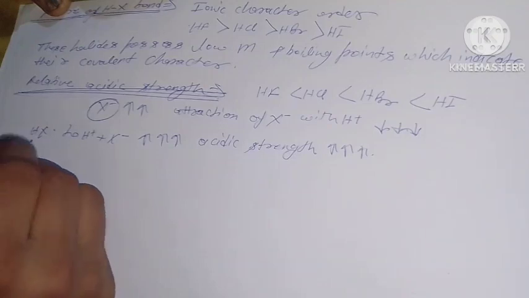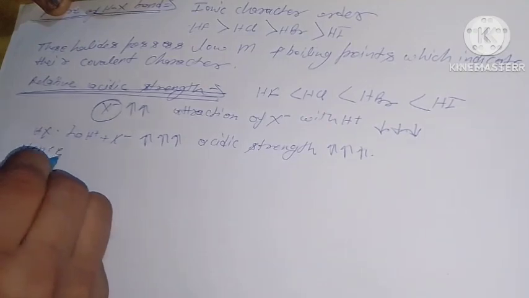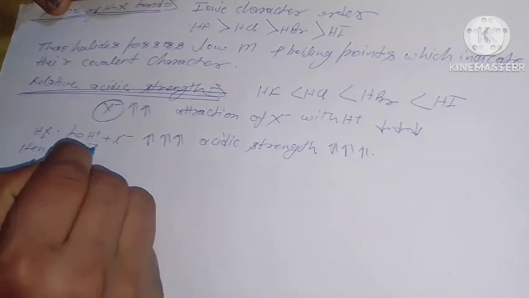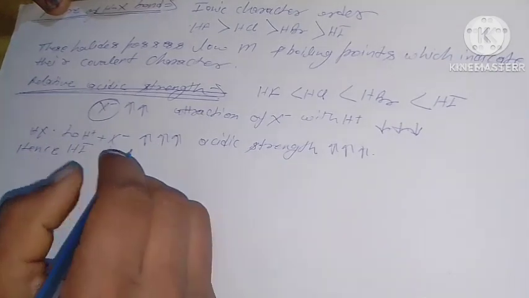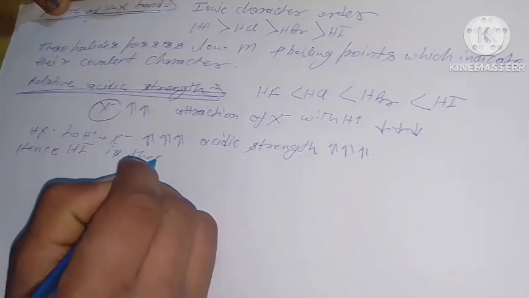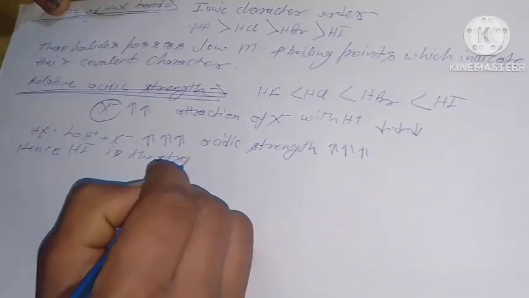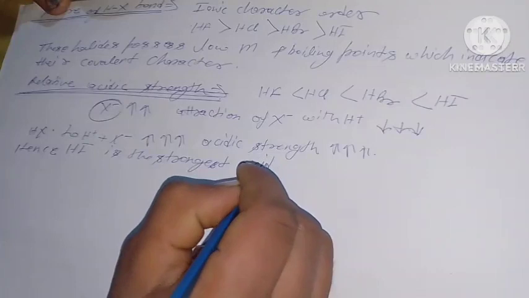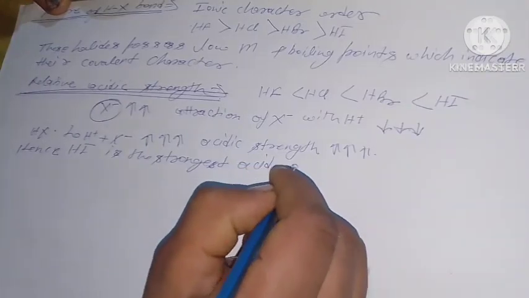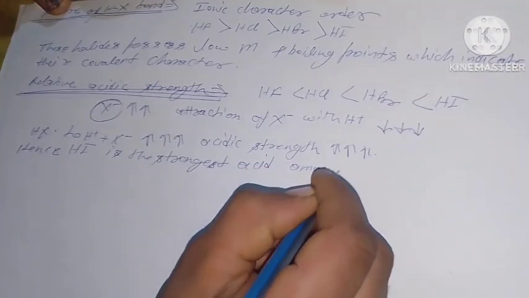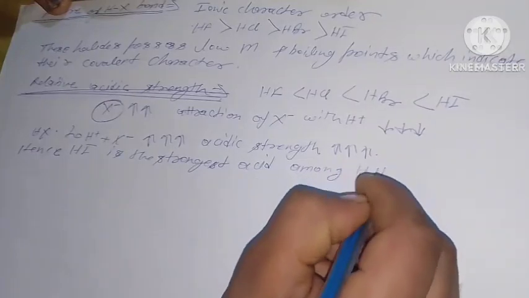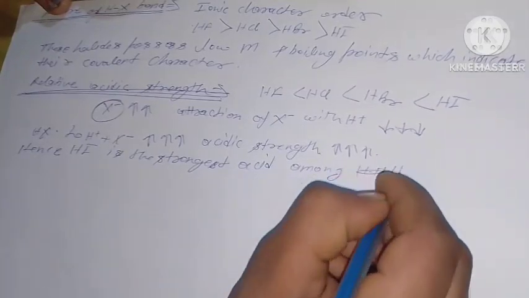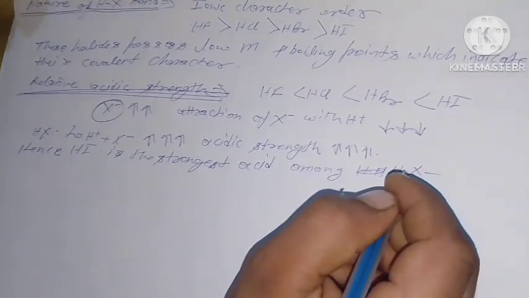Hence, hydrogen iodide is the strongest acid among the hydrogen halides.